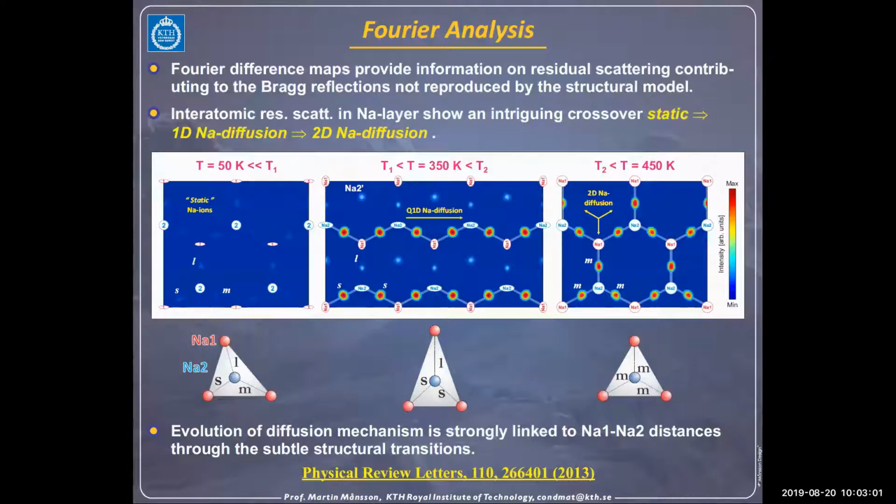So this is a slice in the sodium plane, and blue here means minimum. So this basically means that everything is static, everything is well described by your model. So you have no difference. And these small dots here, these are the sites for the sodium, so it's all blue. Then when you pass the first transition around room temperature, you get this intensity that you see as red and turquoise here.